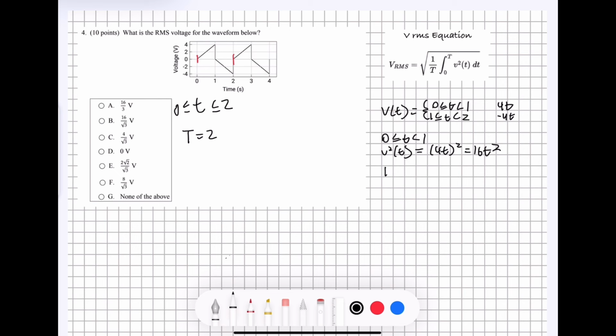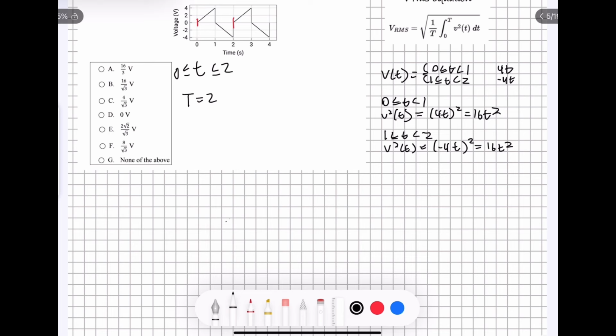From 1 to 2, our v squared of t value is going to be equal to (negative 4t) all to the power of 2, which is also going to be equal to 16t squared. It's very important to notice that this value and this value for the 2 parts of the waveform actually end up being the exact same, because it allows us to simplify this equation when we're solving it.